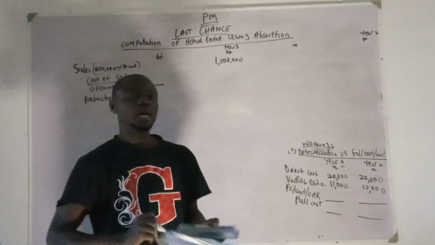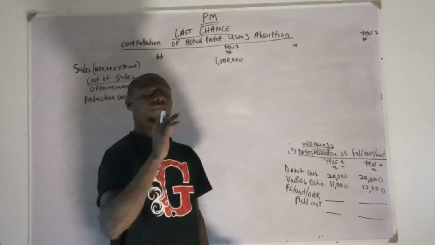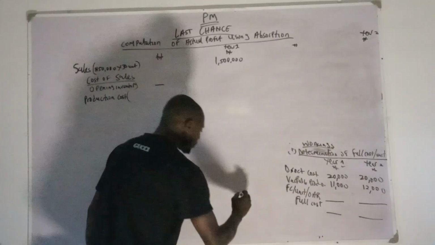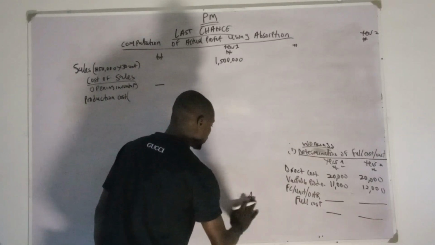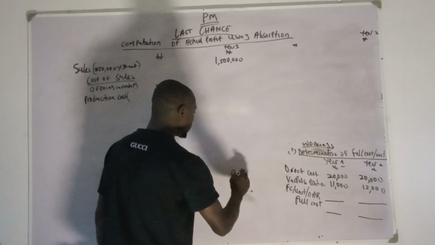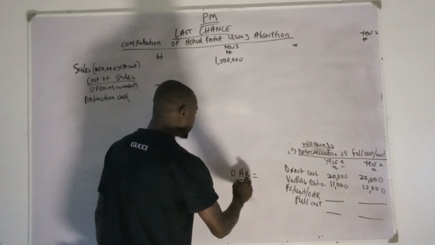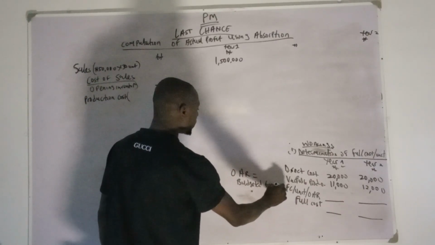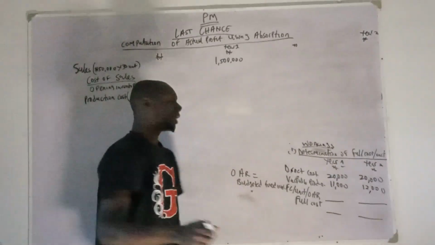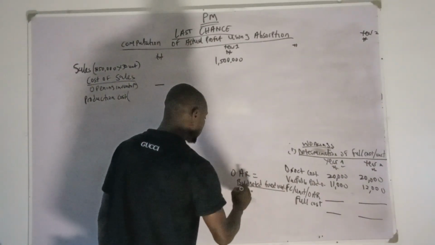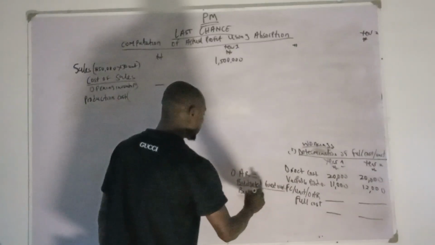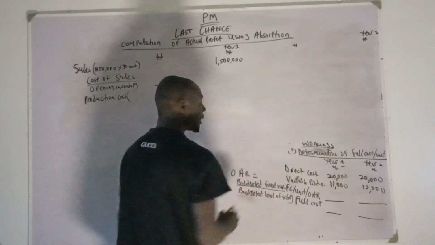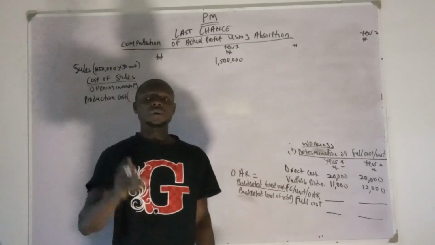OAR is your budgeted fixed overhead divided by budgeted level of activity. So overhead absorption rate is equal to budgeted fixed overhead divided by the budgeted level of activity.